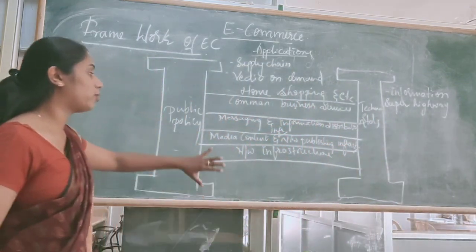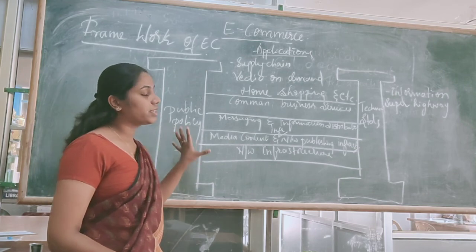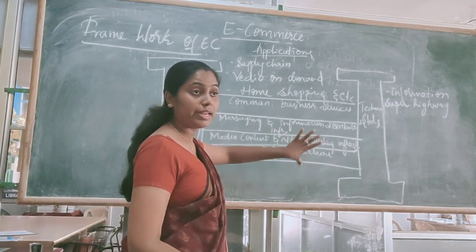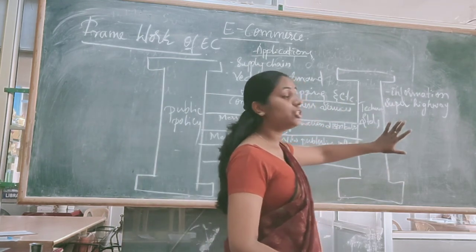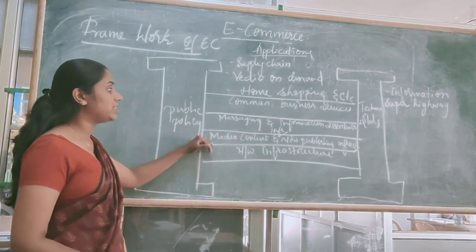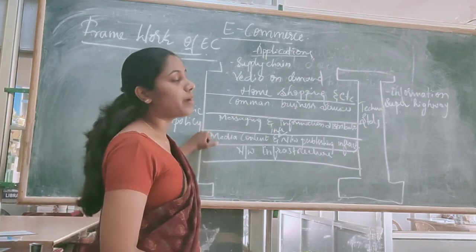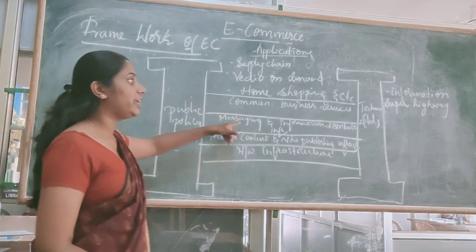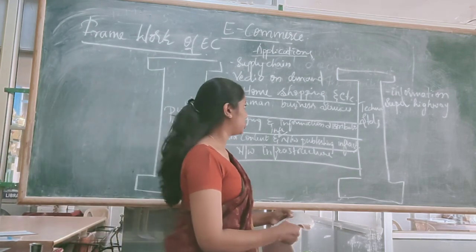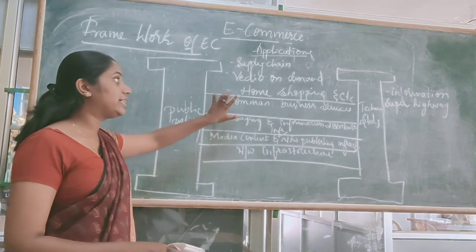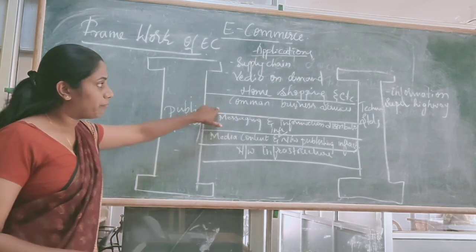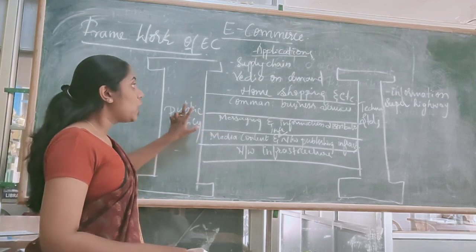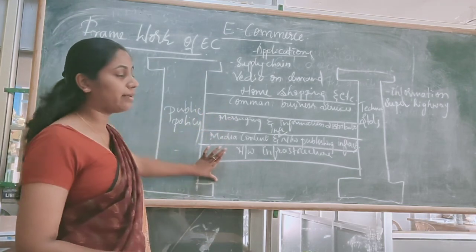The first building block in this framework is network infrastructure. It can also be called the information superhighway. The second one is media content and network publishing infrastructure. The third one is messaging and information distribution infrastructure. And the fourth and last one, also an important building block of this framework, is common business services. So these are the building blocks.